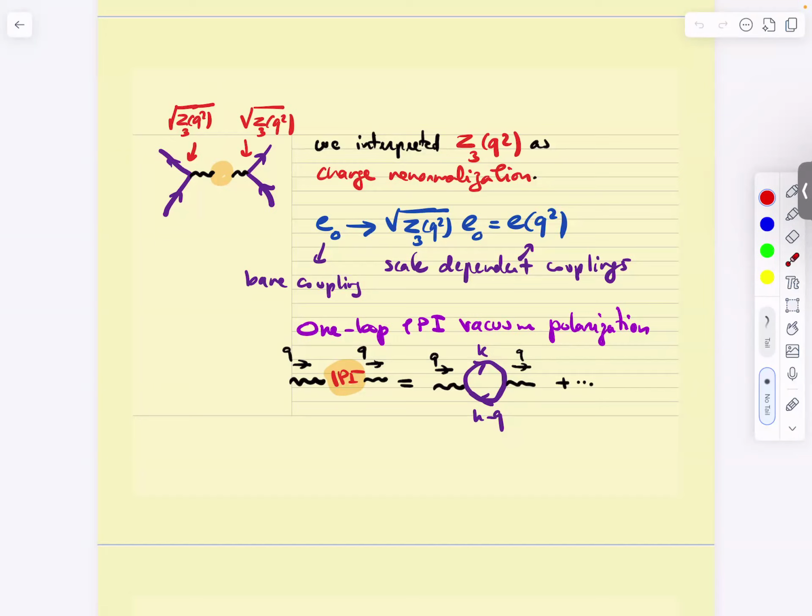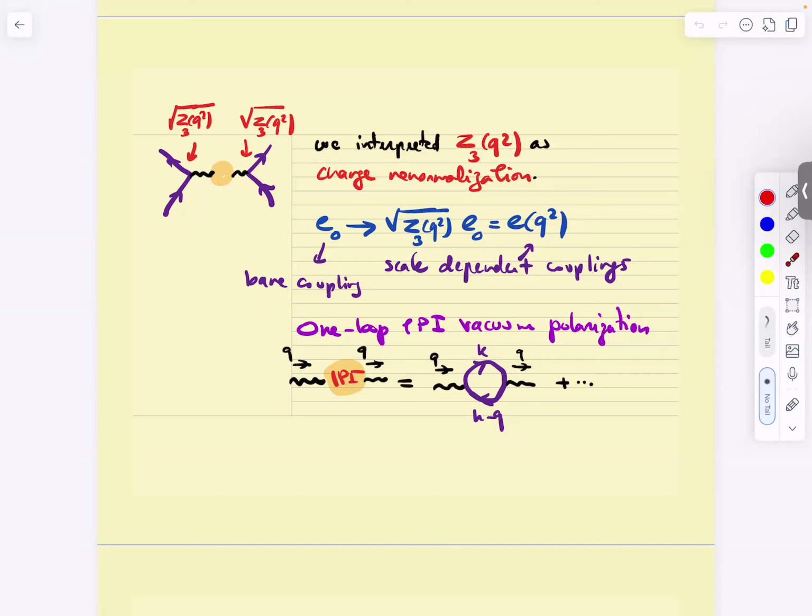What sits outside is the bare parameter, so it's changing by an infinite amount. So what you want to do is calculate pi of q squared minus pi of 0, or pi of q1 squared minus pi of q2 squared, because both of those calculations would be physical, whereas this guy is non-physical. When you subtract them, the divergence is canceled.